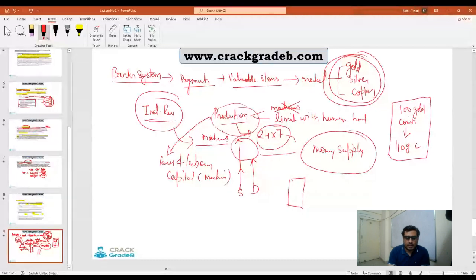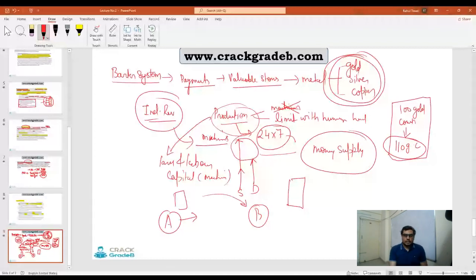Person A needs some money, so person A went to person B who has money. He said that I'll give this paper to you, and after a certain point of time, I'll take back this paper by returning you 110 gold coins.